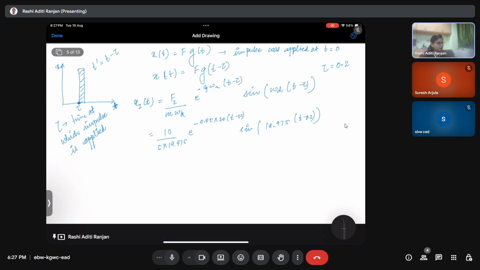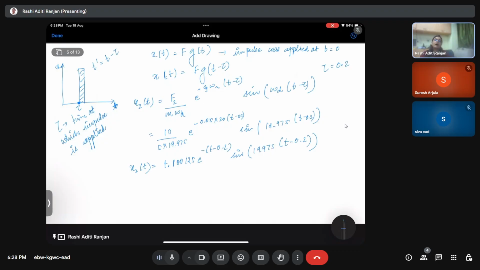This can be written in the final form as 1.1000125 e to the power minus of t minus 0.2 into sine of 19.975 t minus 0.2. This is x2 of t, which is applicable only and only if an impulse is applied at tau.